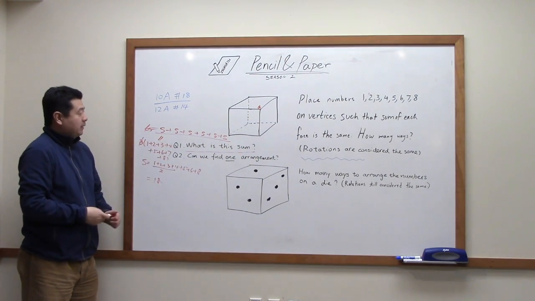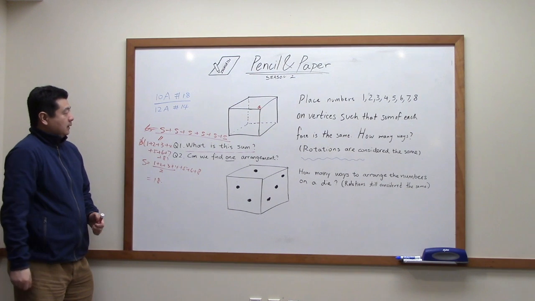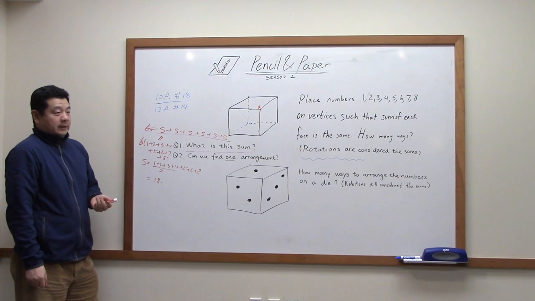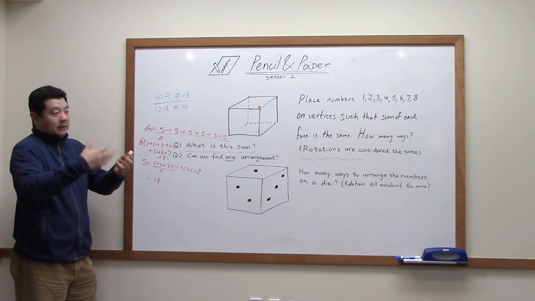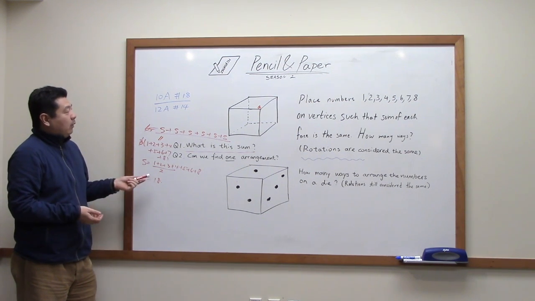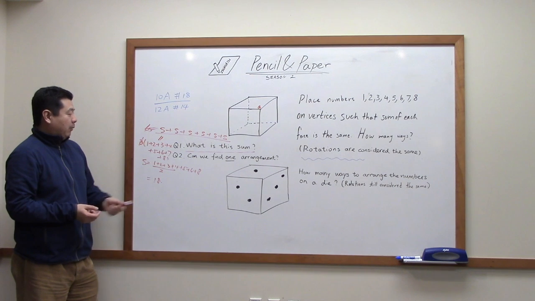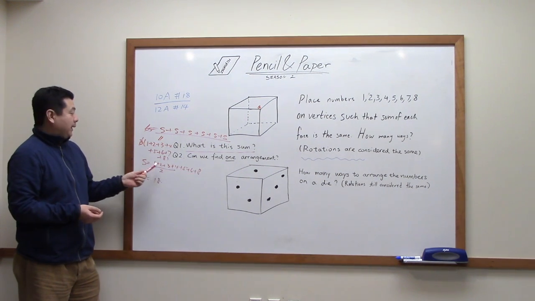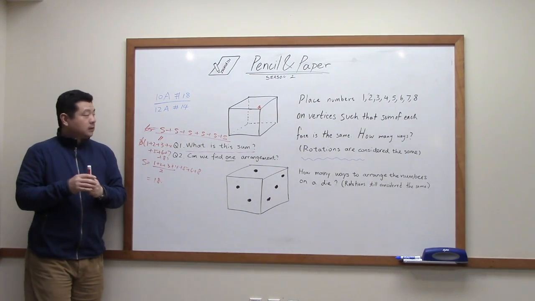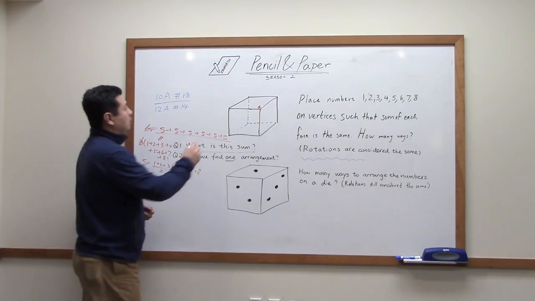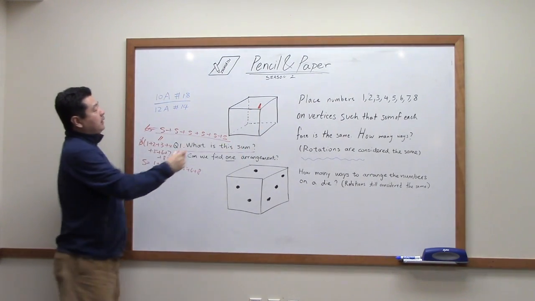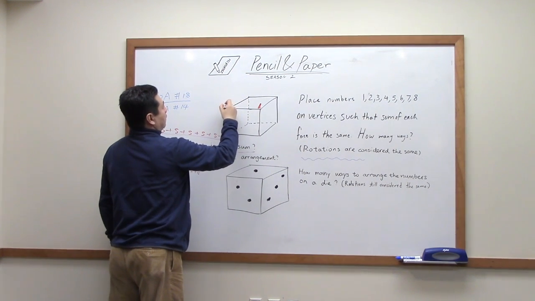Can we find one arrangement? Well, even though all these numbers are equivalent to each other when they play the role on these dice, right? But to me, if I really want to find the arrangement, I want to start with either the high number or the low number, because they give me limited choice, right? So assume this number is 1. So let's see the 3 groups that are going to go with it.